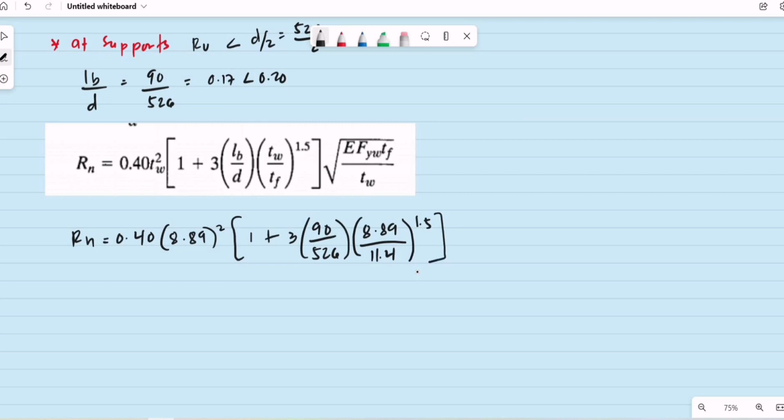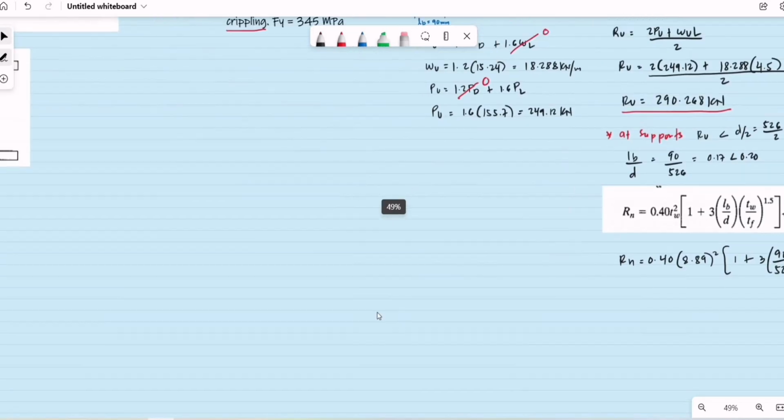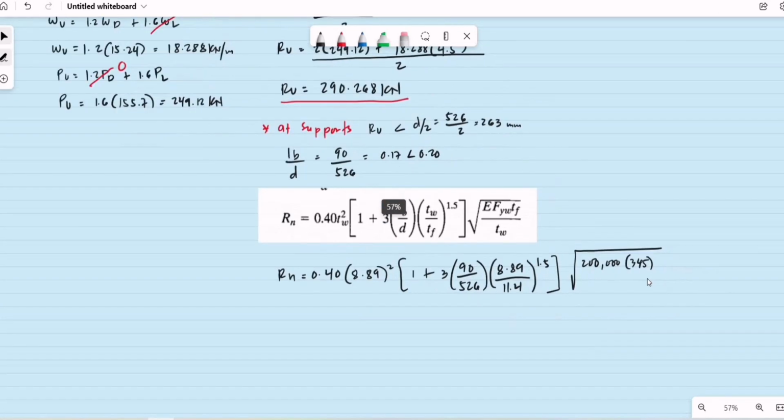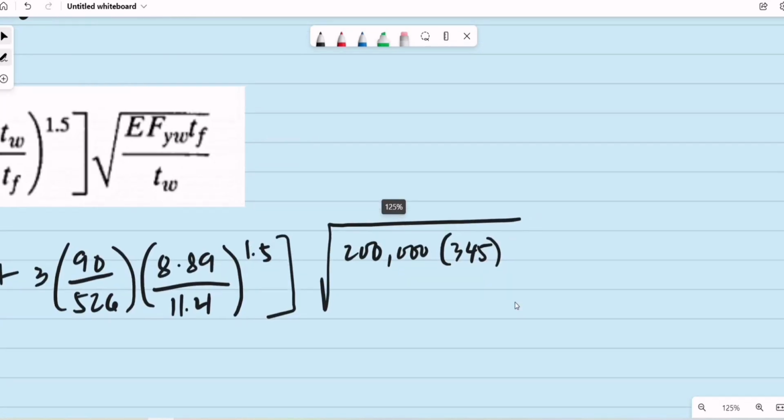Then multiplied by the square root of E, 200,000 megapascals for steel, and Fy given as 345 megapascals, then the thickness of the flange 11.4 millimeters divided by the thickness of the web 8.89.